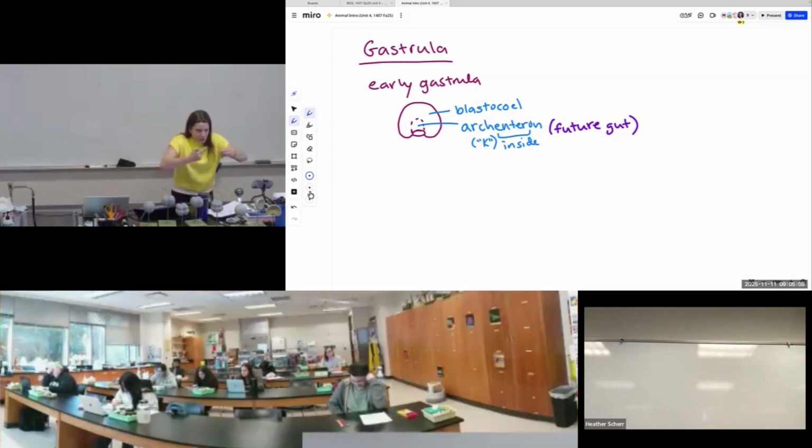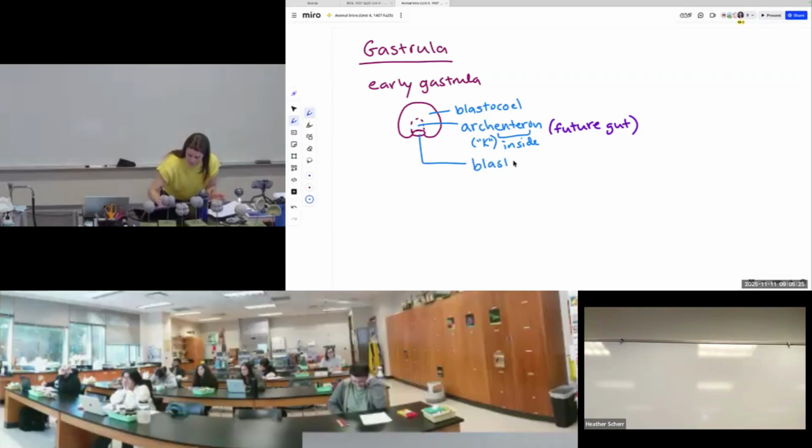And then this part where it's pushing in, like where your finger's going into the balloon, as I was talking about, that part is called, let's see, blastopore, sorry. Pore meaning hole essentially.